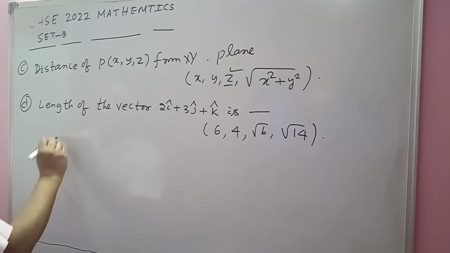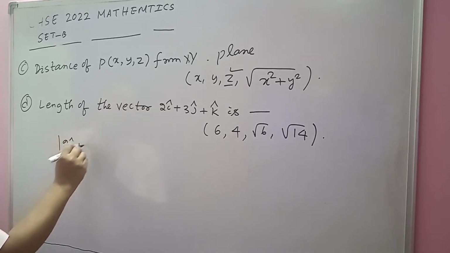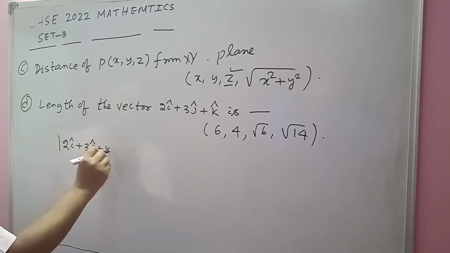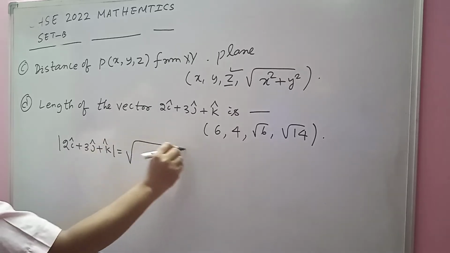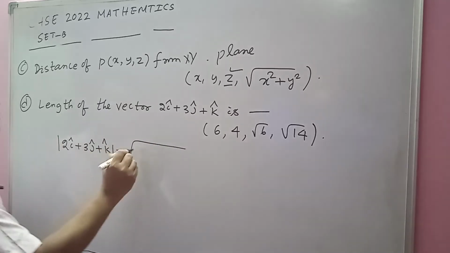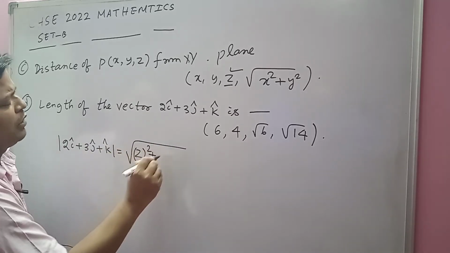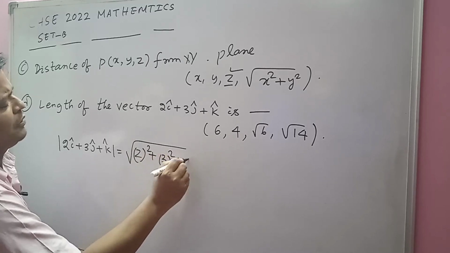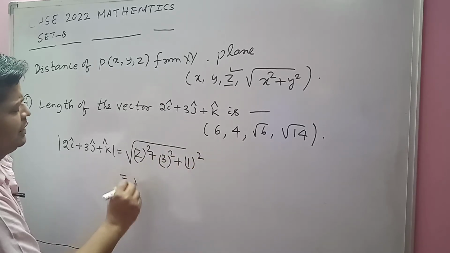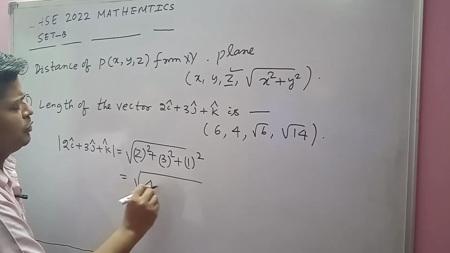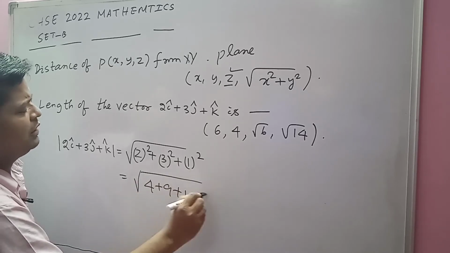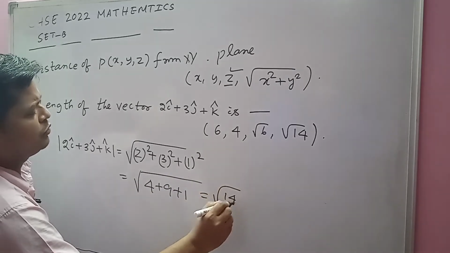The modulus of a vector 2i cap plus 3j cap plus k cap is equal to the square root of x component square plus y component square plus z component square, that is equal to square root of 4 plus 9 plus 1, that is equal to root 40.